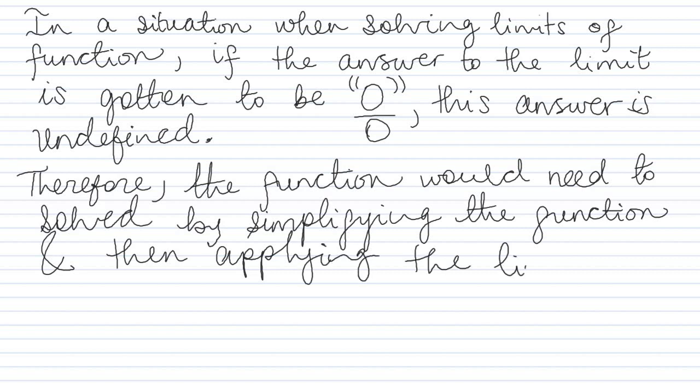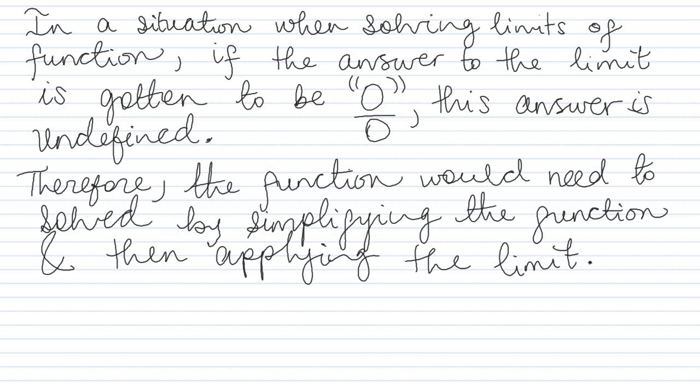So even when you have a question where it involves any form of factorization, any type of function, and it gives you 0 over 0, what that is telling you is that you cannot apply the limit first.